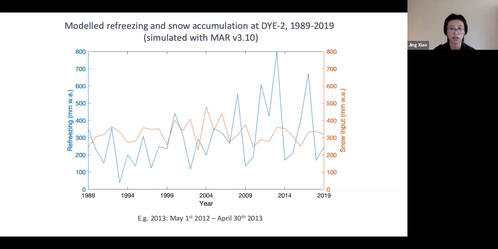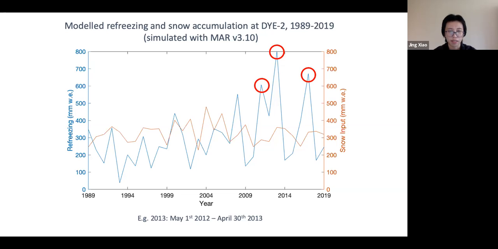So for example, the 2013 here refers to from May the 1st in 2012 to April the 30th in 2013. Recently there were several really high melt years where there was a lot of melting, therefore a lot of refreezing. They are 2010, 2012, and 2016. So in this figure, they are shown as 2011, 2013, and 2017.